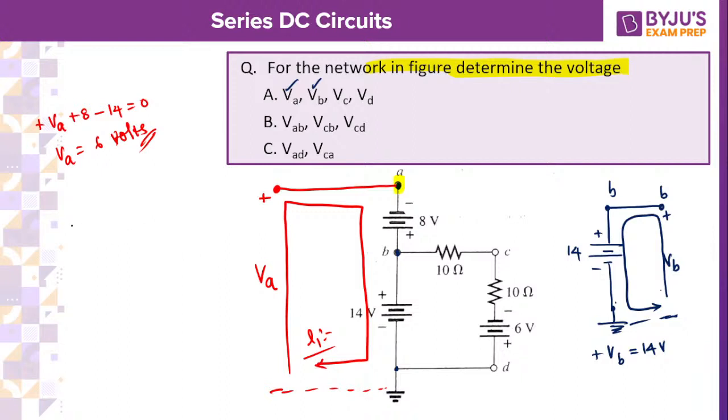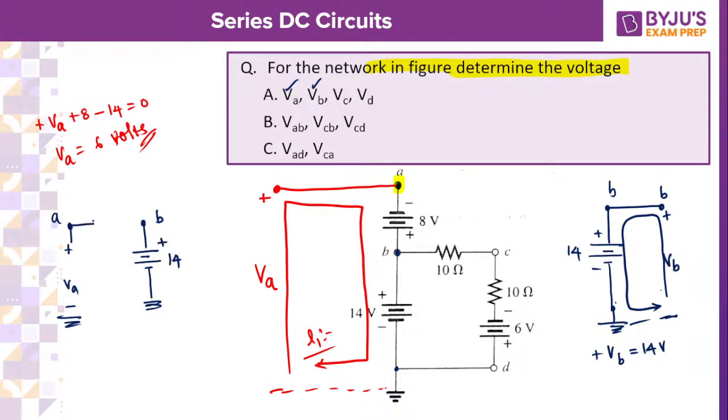So let's see how to draw. This is the A terminal and this is the B terminal. I need VAB. So this is VA and this is VB. From the ground to the B terminal, I have got 14 volts.